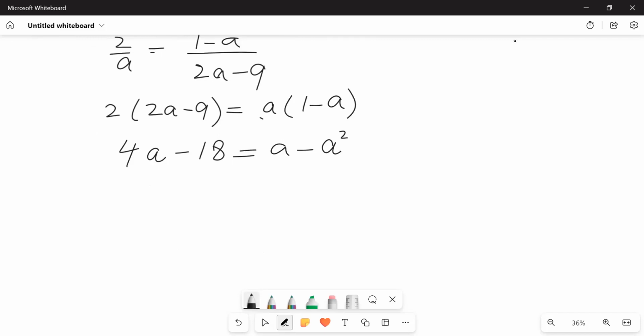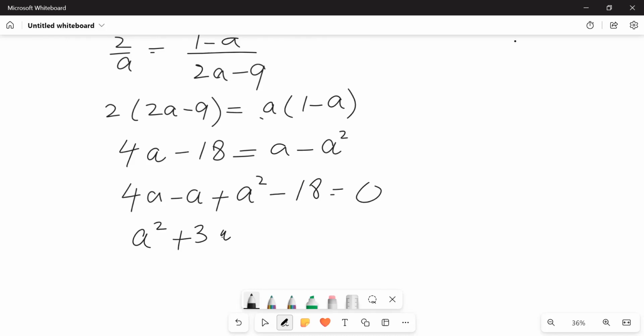Now we will shift the values. It is 4a minus a plus a square and minus 18 is equal to 0. And we will arrange this and it will be a square plus 3a minus 18 is equal to 0.